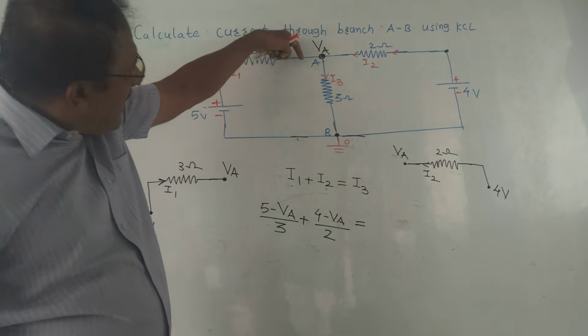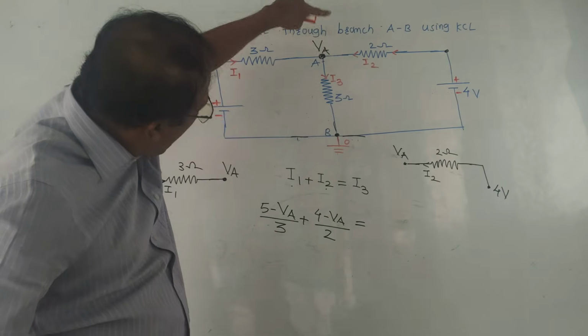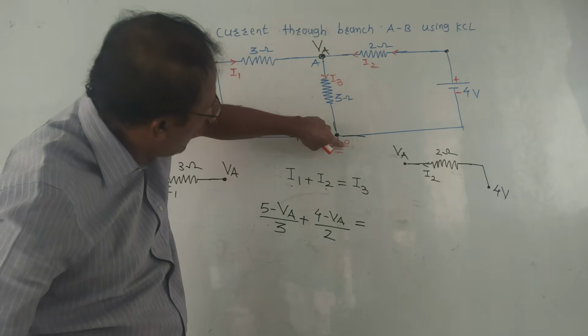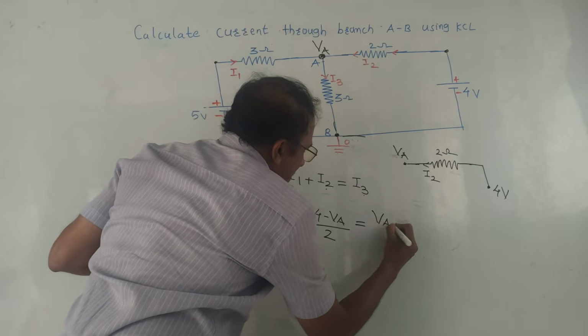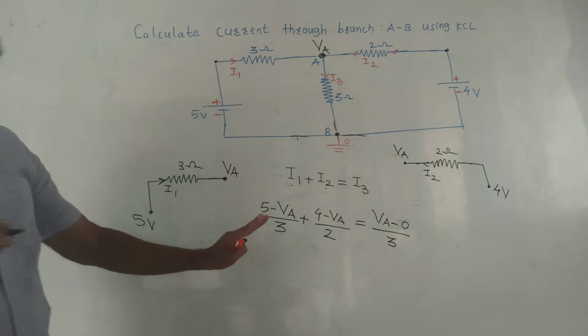Look at I3. I3 is flowing from VA towards ground, towards 0. So at one end voltage is VA, at the other end voltage is 0. So the equation of current I3 is VA minus 0 upon 3. Next part is pretty simple.